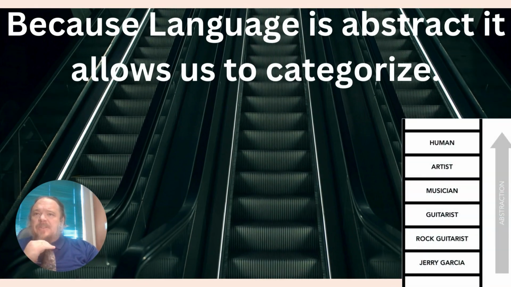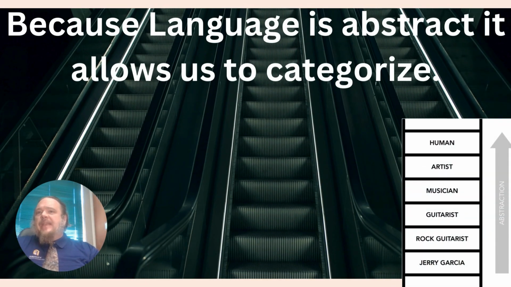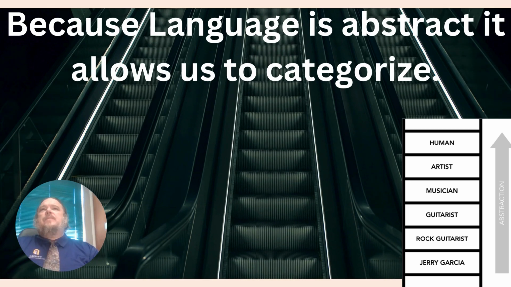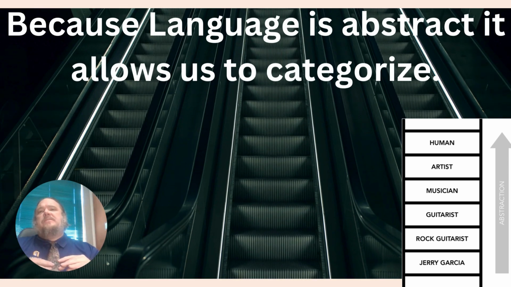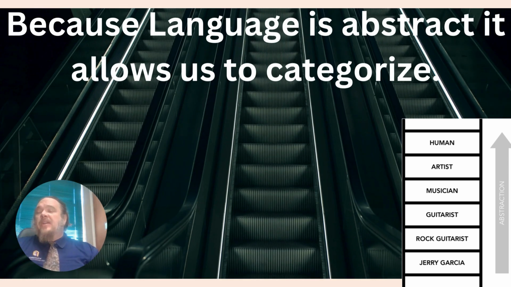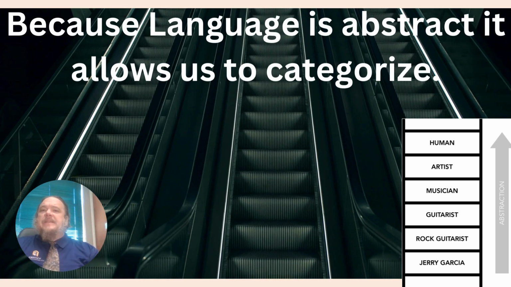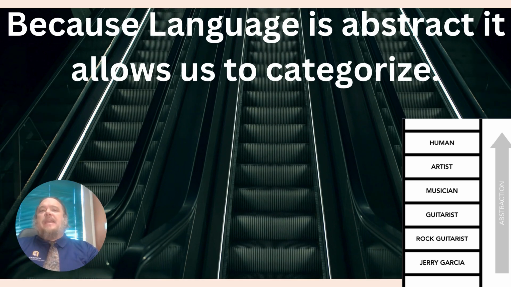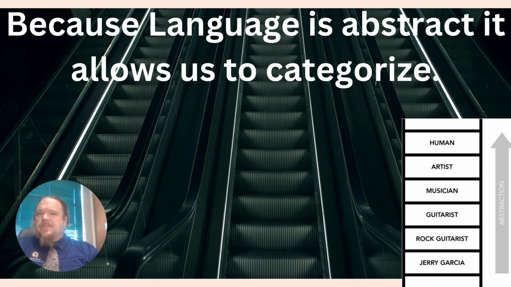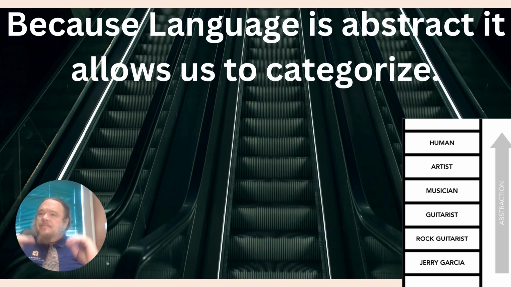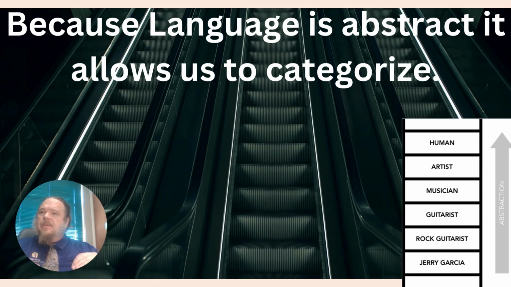Because language is abstract, it allows us to categorize things, right? So it allows us to think of things in terms of categories and things that it fits in, right? So I have this image over here to the right? And so we could go up what we call the ladder of abstraction. We can talk about Jerry Garcia, guitarist for the Grateful Dead, right?